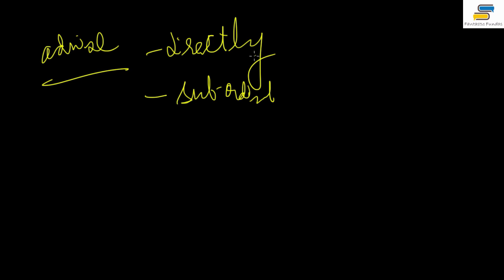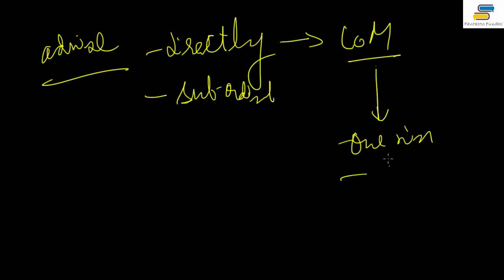When he is acting directly, he is acting under the advice of the Council of Ministers. This advice may be given by only one minister, or it may be given by all the ministers put together. Such advice is binding. As I told you, the word shall has been used in the Constitution. We have already talked about this.